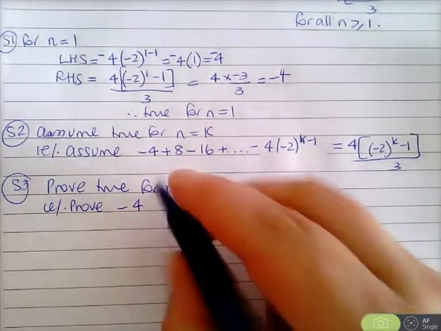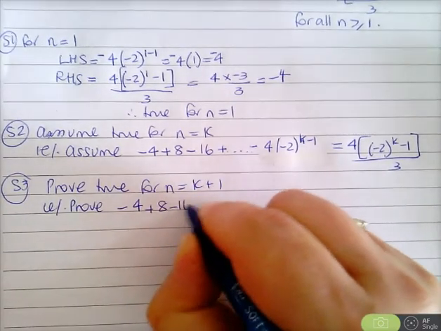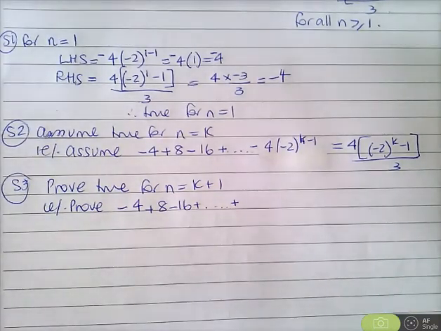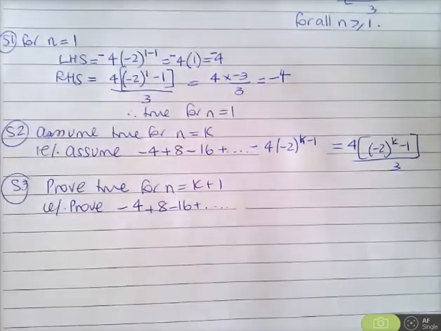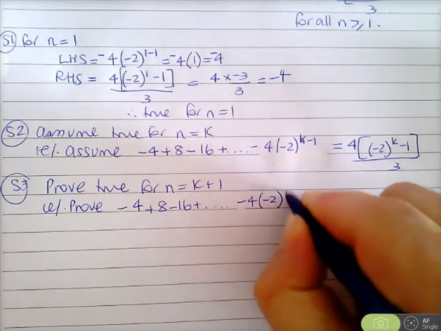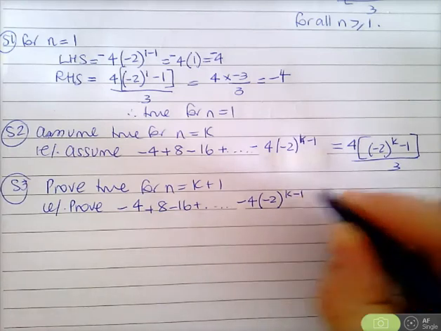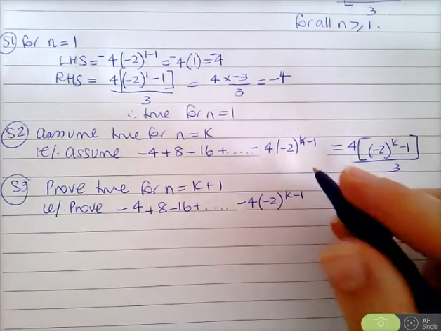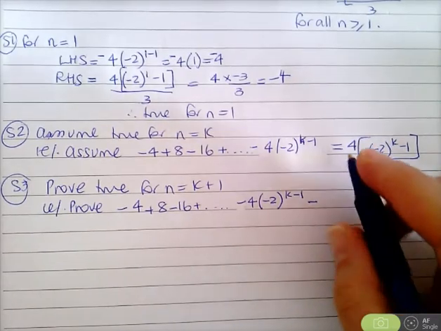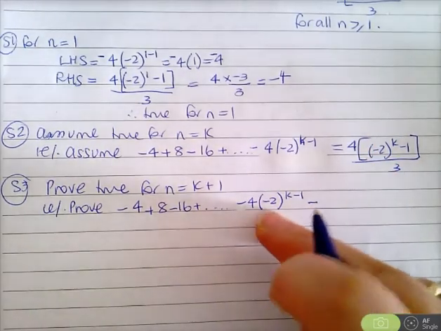That is, we're going to prove that negative 4 plus 8 minus 16 plus, well, not plus, minus, and then it's a plus. Well, it's, oh, no, put a minus, because it's k plus 1. That's the general term.